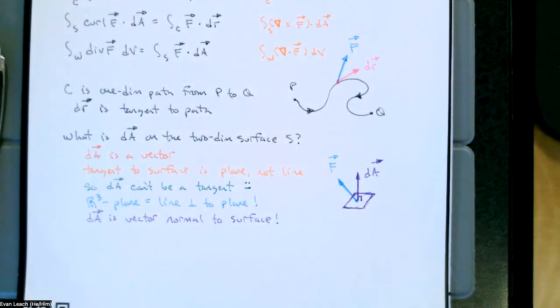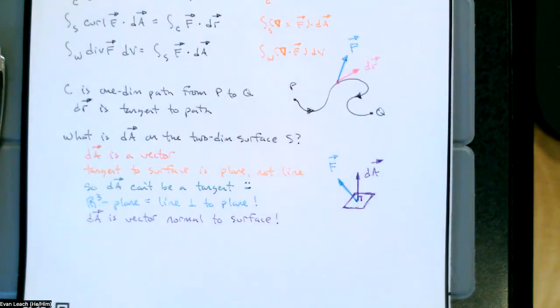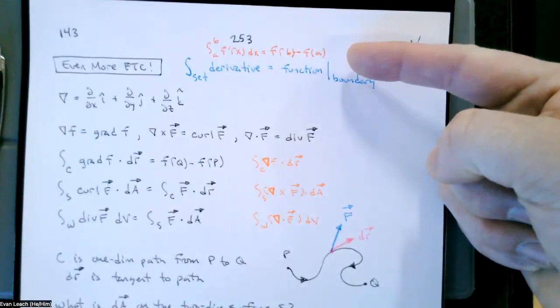We haven't thought about what curl of F and divergence of F are telling us about the vector field, because we've got to worry about what this surface integral is. We spent a lot of time worrying about what this line integral is and how we deal with that. Now we've got to deal with this surface integral business. This is the same thing that always happens in math class, because before you got to calculus and you started worrying about what this derivative business was, you had to learn how to evaluate functions at points.